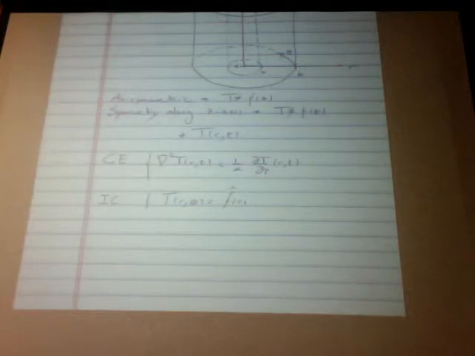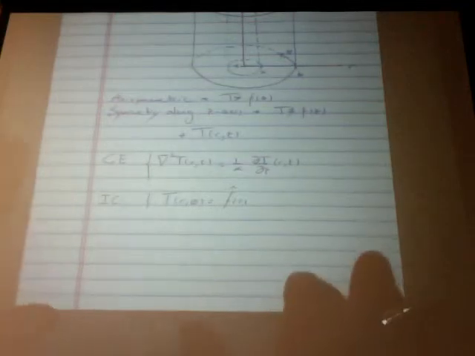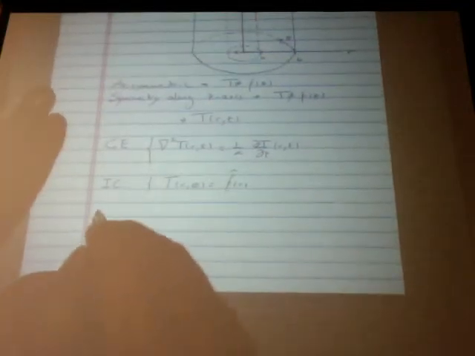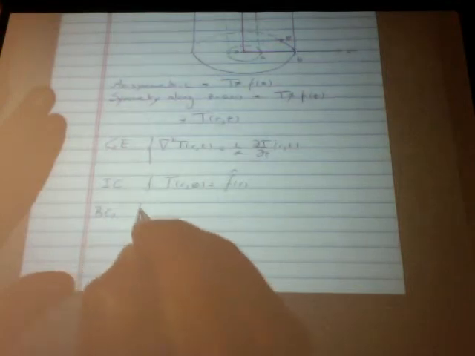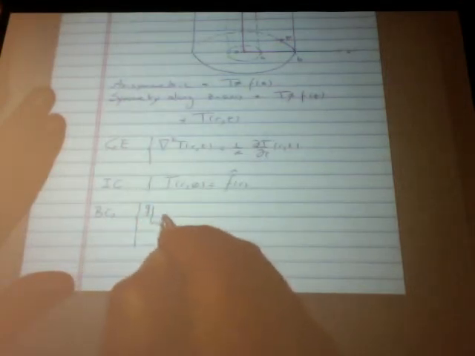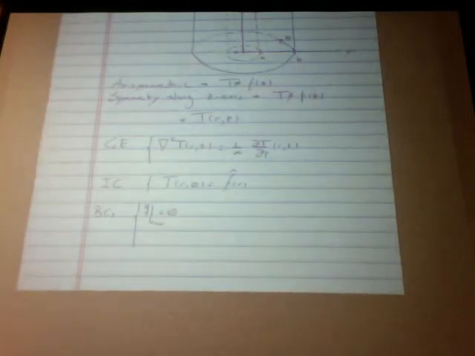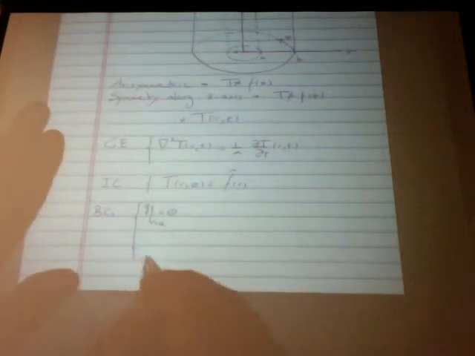This is given. That's the initial condition. And boundary conditions. Let's say the q at r equal a is equal to 0. And we'll say that the q at r equal b is also equal to 0.